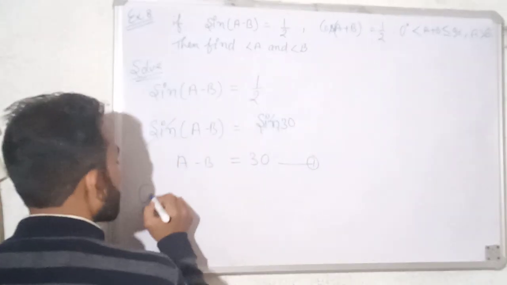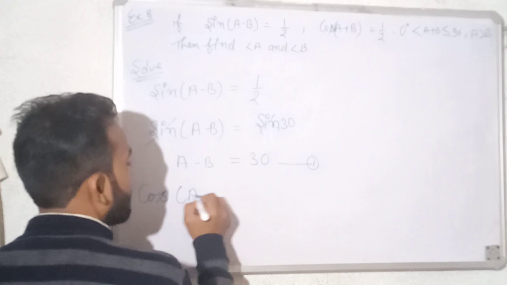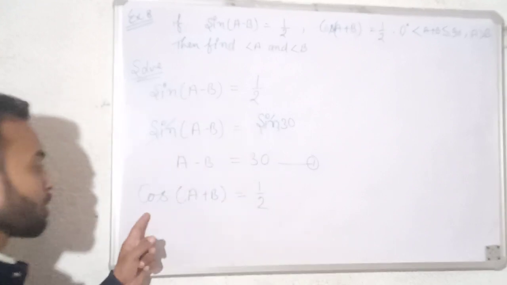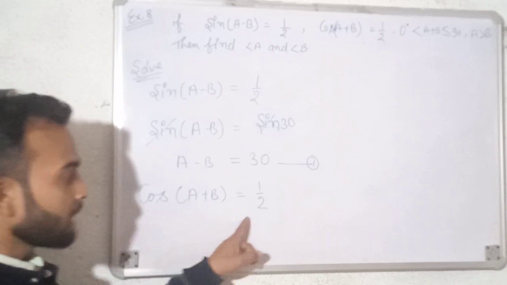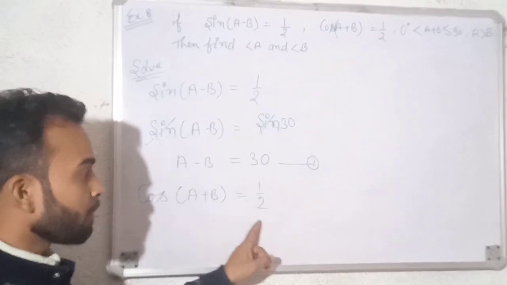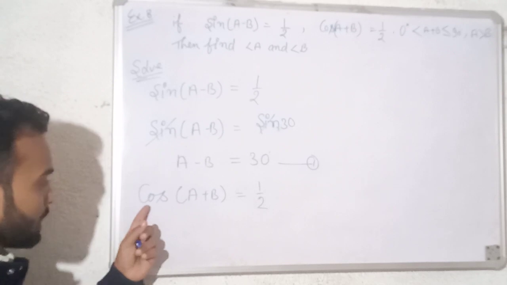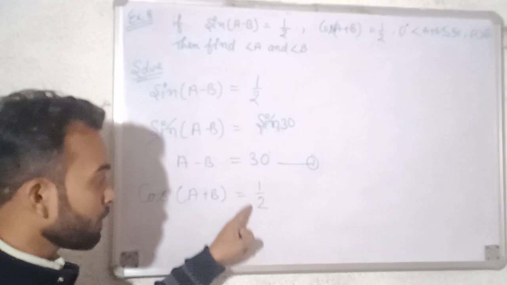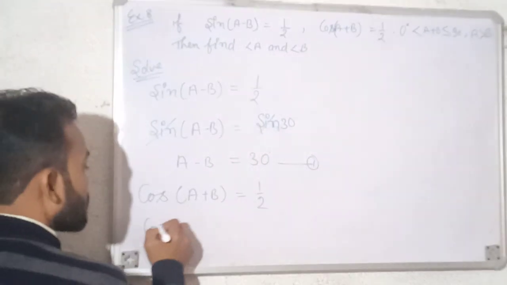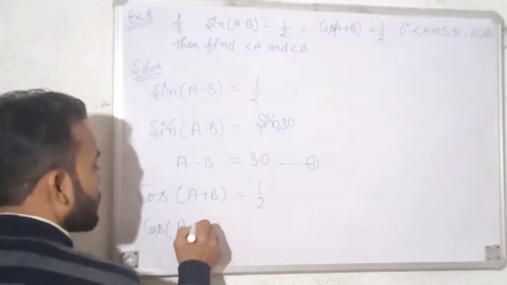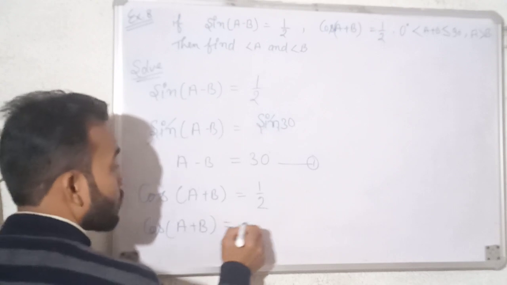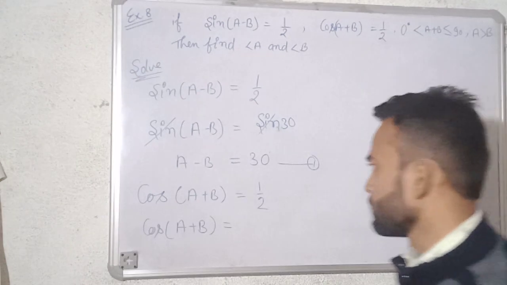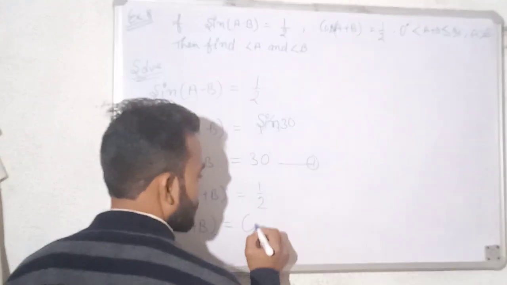And cos(A plus B) is equal to 1 by 2. Here cos is given, so we find 1 by 2 in the form of cos. Cos(A plus B) is equal to 1 by 2, which is equal to cos 60 degree.